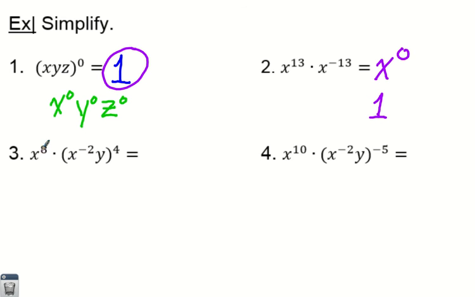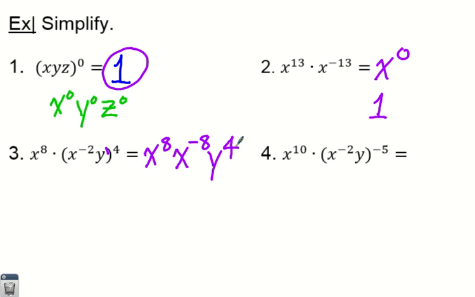What are we going to do in number 3 first? I would apply this power of 4 to this bubble. So it's power to a power, and then technically power to a power again. X to the 8th just kind of copies, and then with power to a power we get negative 8, and then y to the 4th, or y to the 1st to the 4th.